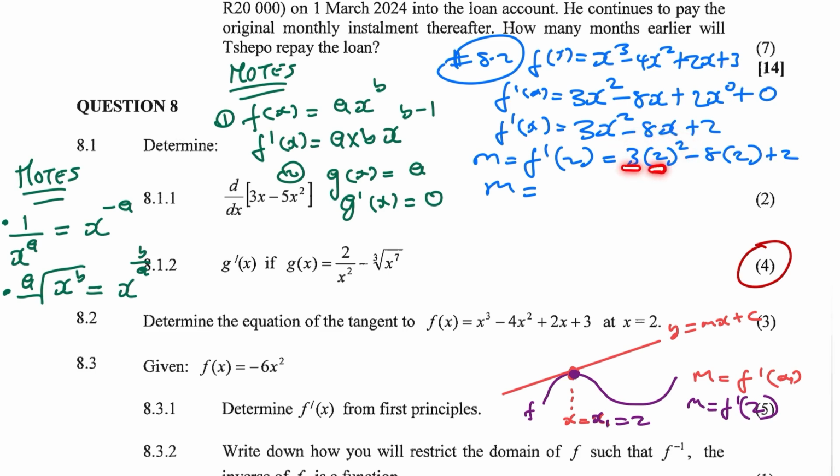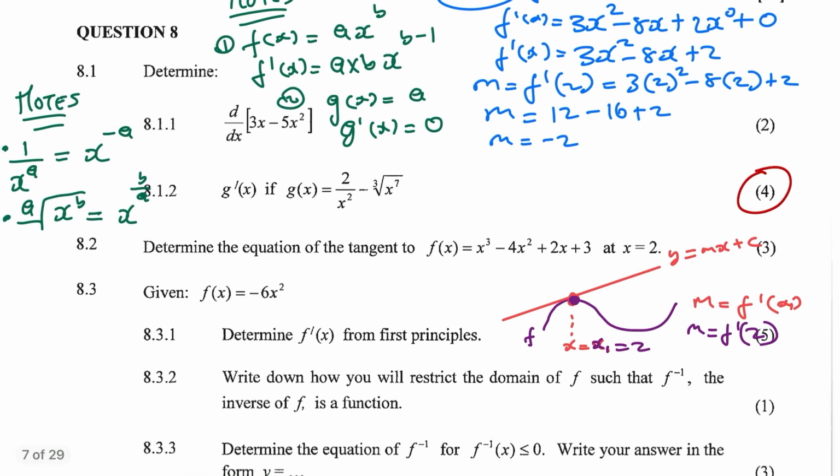So 3 times 4, that is 12. And minus 8 times 2, that's 16, plus 2, right? So 12 plus 2, that's 14. 14 minus 16, that is negative 2. So your gradient is equal to negative 2.